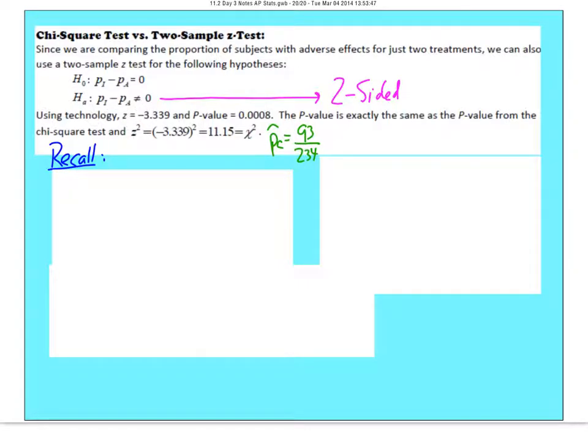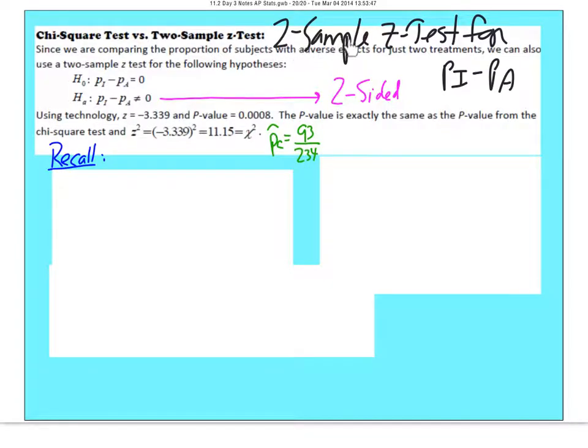I'm going to use the technology to actually run this. In terms of the test we would run, I'm going to write it down as a two-sample z-test for p of I minus p of A, so the difference in my proportions. If you run this test on the calculator, do the stat test and choose this, type in the data appropriately, you are going to find that the z-score is negative 3.33 and the p-value is exactly what we computed for our chi-square test of homogeneity.